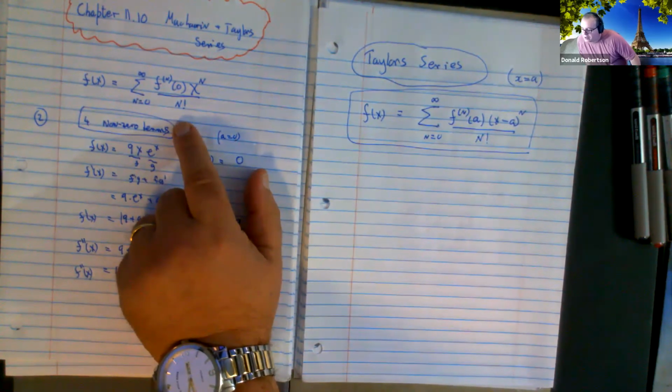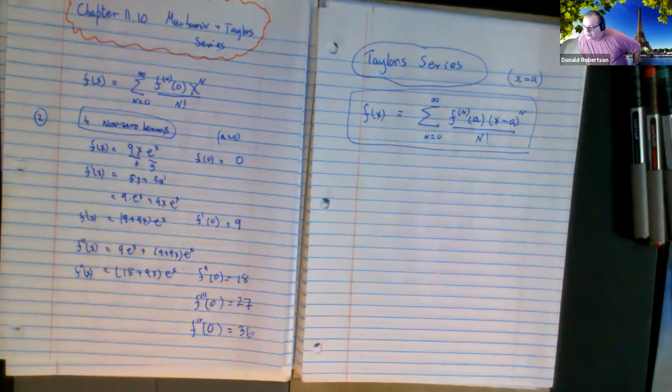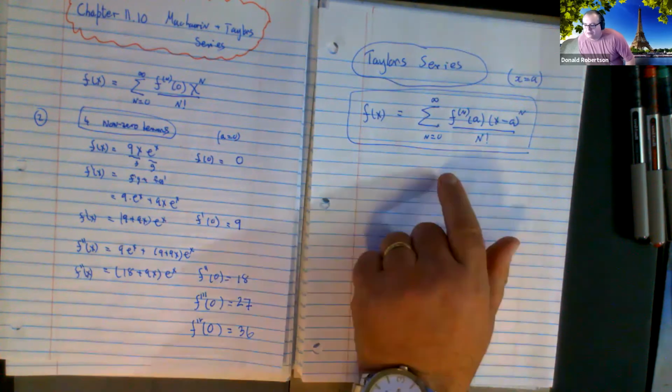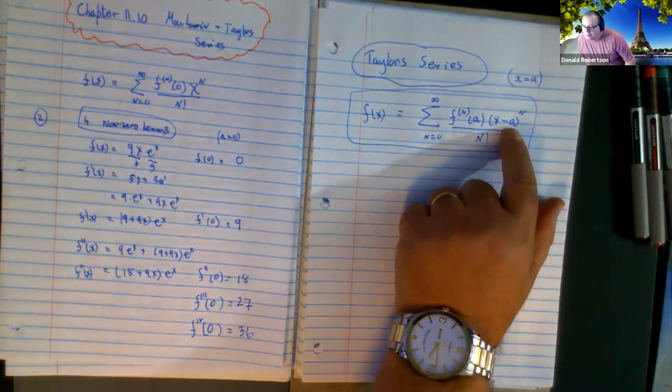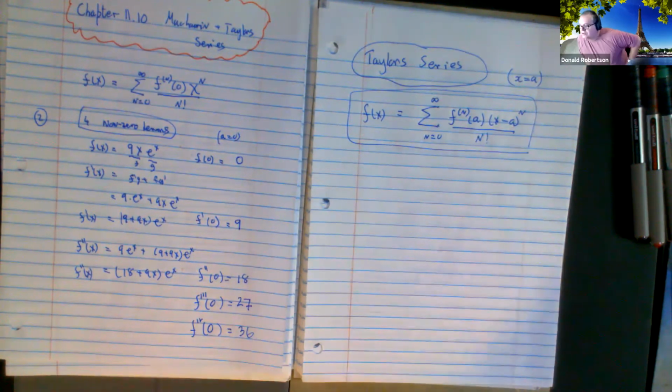Maybe there's a vertical asymptote, like 1 over x, right? Bad news, because you couldn't find derivatives at 0. There'd be 1 over 0 infinities everywhere. But if you move the center away from the bad number, like maybe center it at 1, couldn't you get the power series for the function, but shifted?